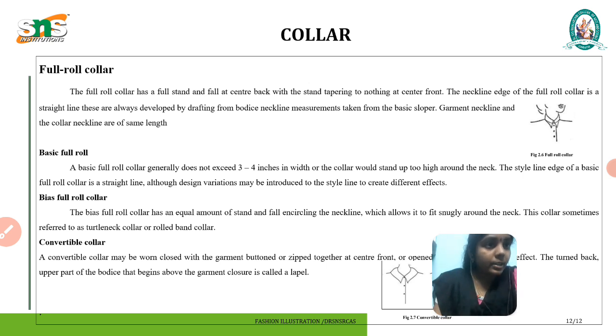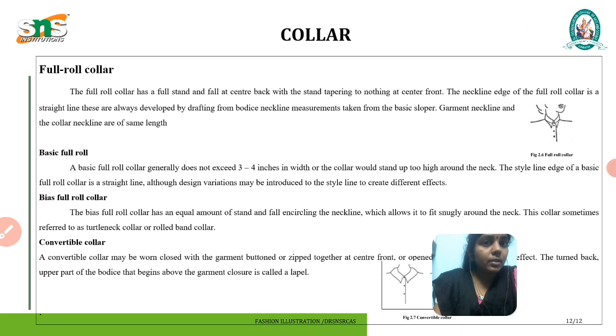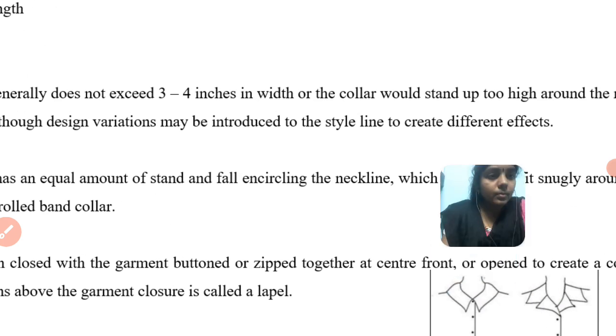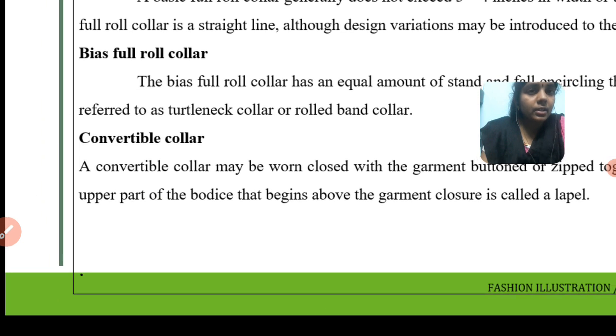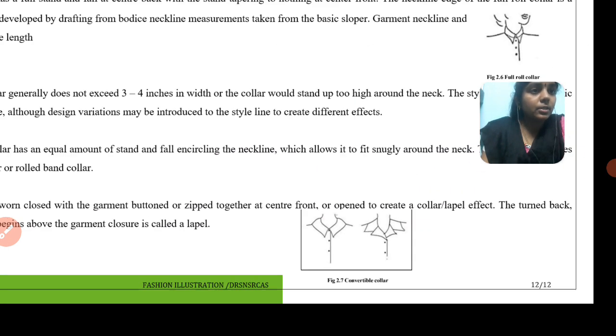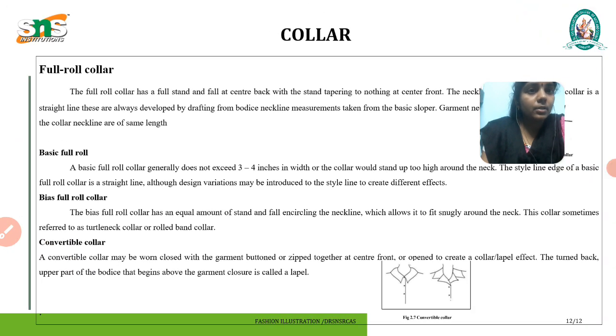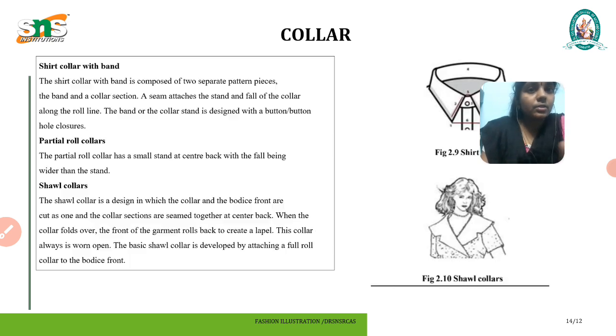Full roll collar. This is a full roll collar. This is the bottom and it is a convertible collar. So it can be converted into different types: one piece and two piece convertible collars, mandarin collar, shirt collar.